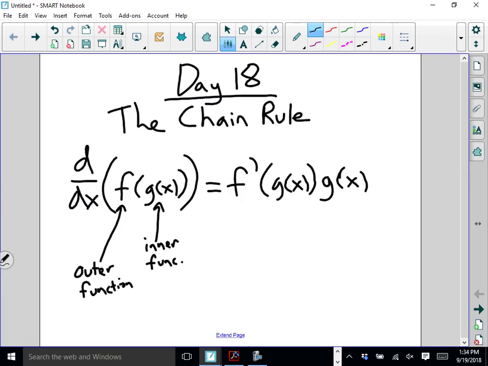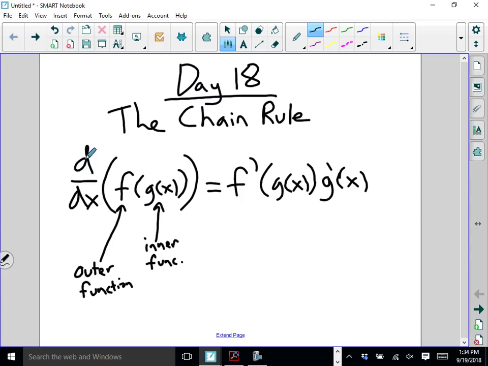We end up with the derivative of the outer function, f. So it's f prime of g of x. Notice that that inner function remains the same. We do the derivative of the outer function with respect to the inner function, and then we multiply by the derivative of the inner function. So we're going to have both g and g prime showing up in our answers.